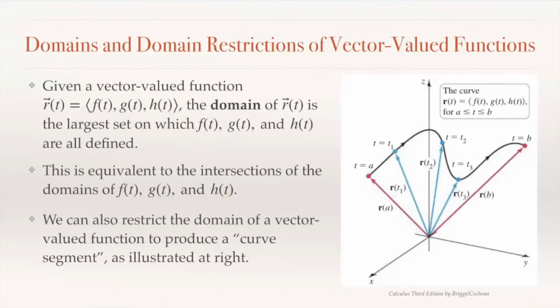After all, all of them must be defined. And we can also restrict the domain of a vector valued function manually if we wish to produce a curve segment, such as illustrated at right. So here it looks like we're specifying that t must vary between a and b. So that would mean the domain of this would be a to b.